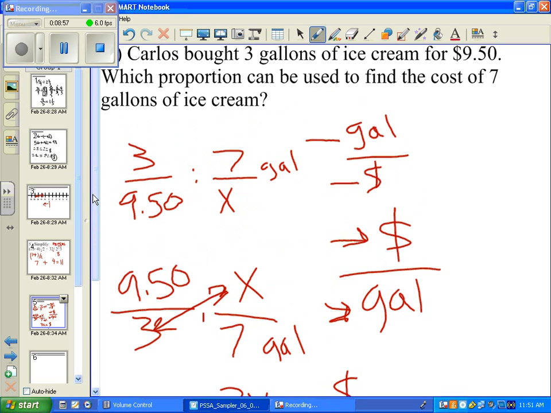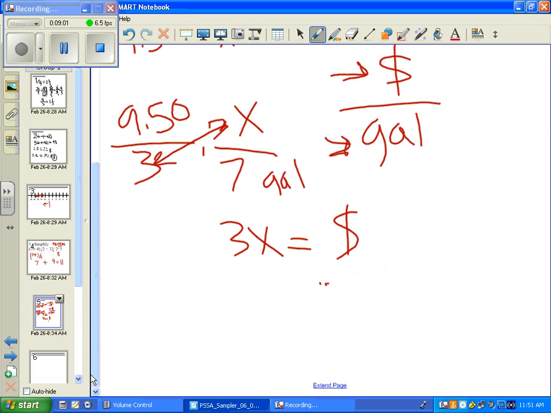And if you multiply here, you notice that you still end up with 3 times some quantity equals some money. As long as you're consistent going across, dollars on top, gallons on the bottom, the problem will work out for you.